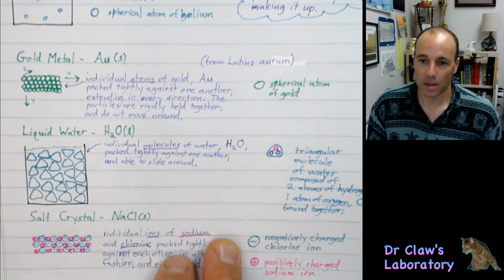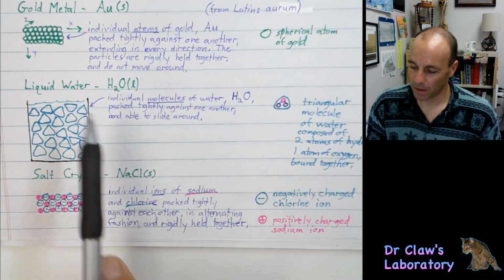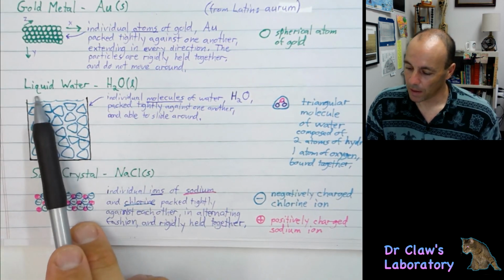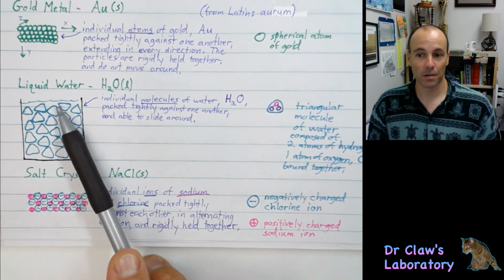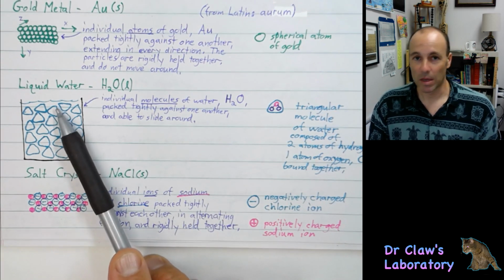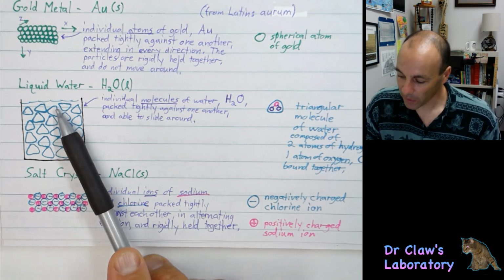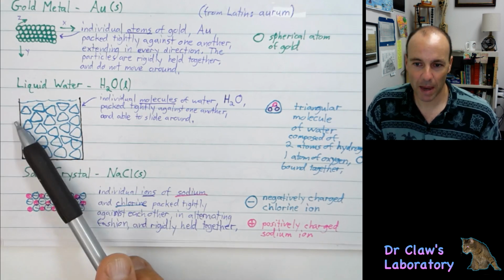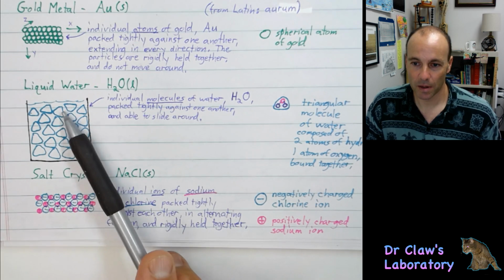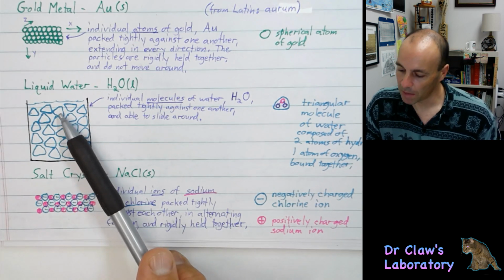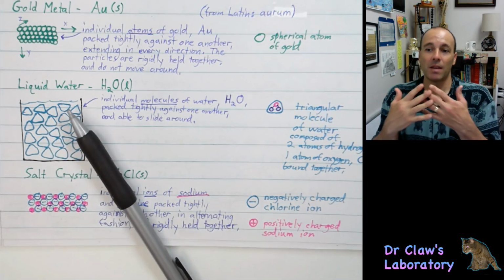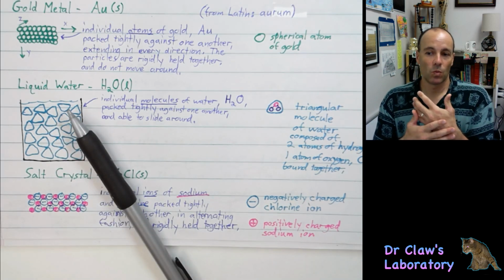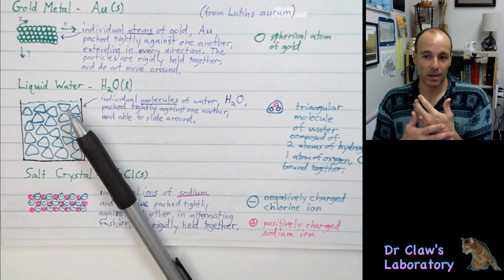Another type of material is liquid water. Here, if you're able to see the particles of water, they would all be those triangular shaped molecules that we mentioned before. And these molecules are also packed very closely together. But this time, the particles, the molecules, are able to slide past one another. And that's what makes a liquid different than a solid.